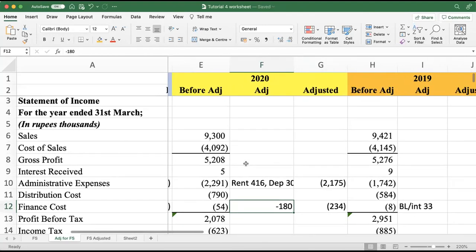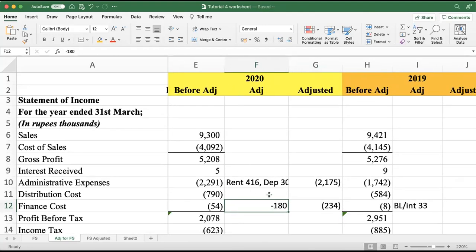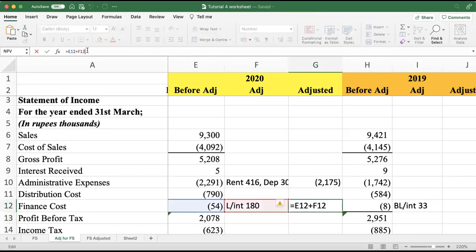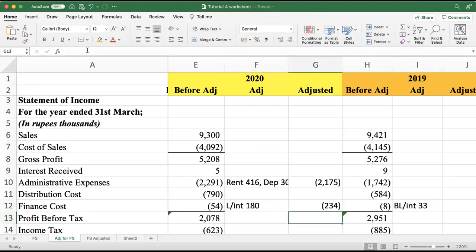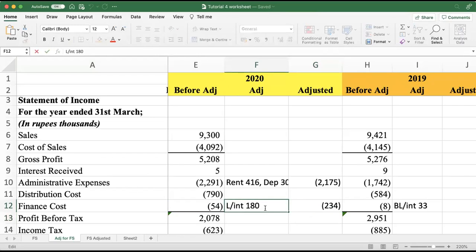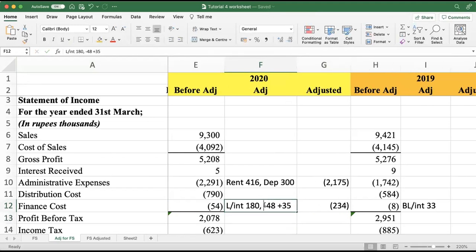Right. So for 2020, under finance cost, this 180 is lease interest. Then for the bank loan, remove 48 and add 35. This is the adjustment for the bank loan.